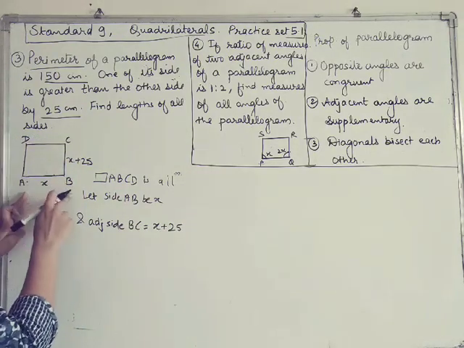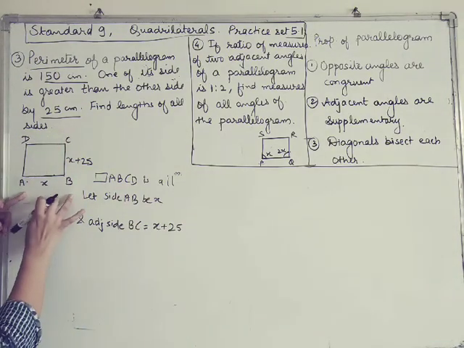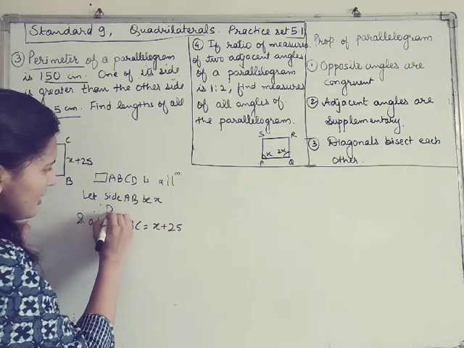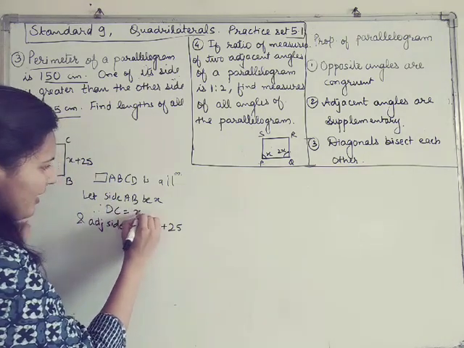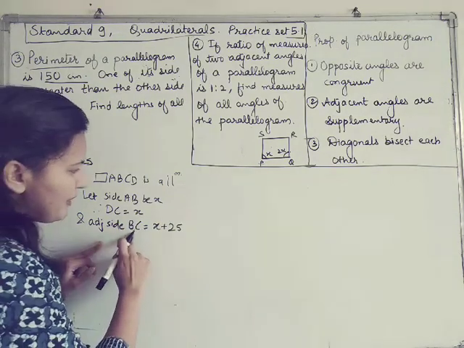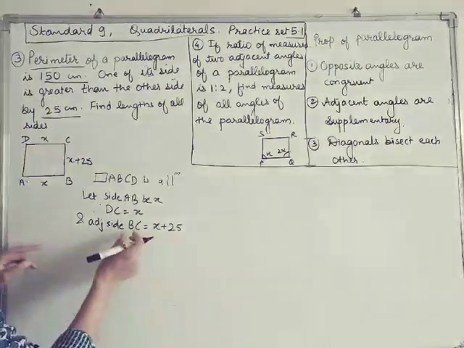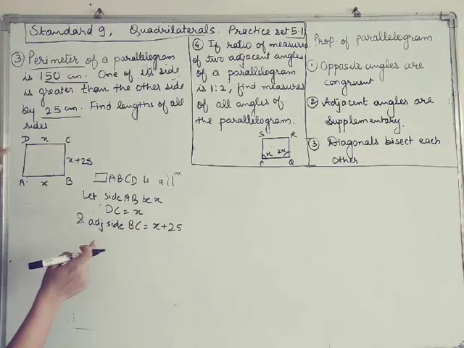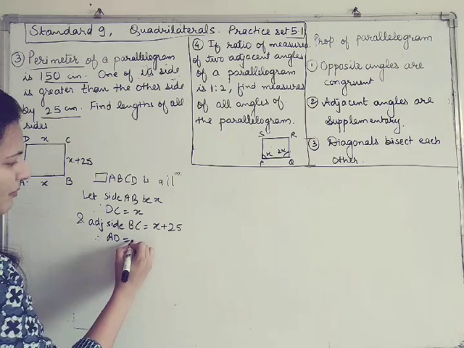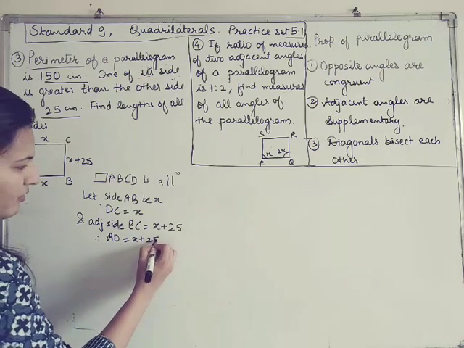CD. AB is X, DC is X. So DC I'll write as X. Now BC is X plus 25. So what is the opposite side? AD. So AD will be X plus 25.